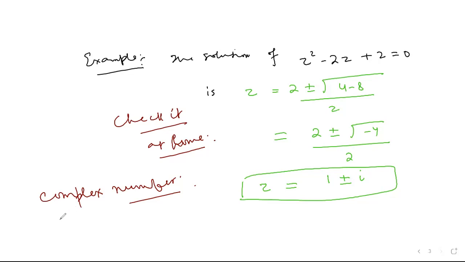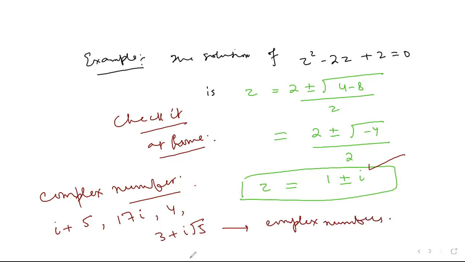Thus, iota plus 5, 17 iota, 4, 3 plus iota root 5 are examples of complex numbers.